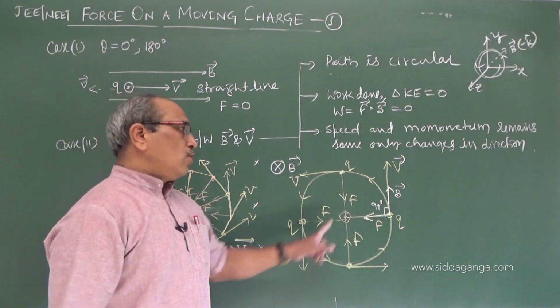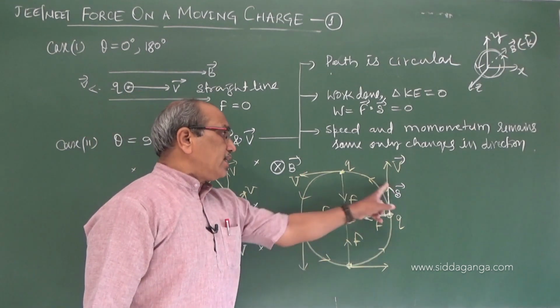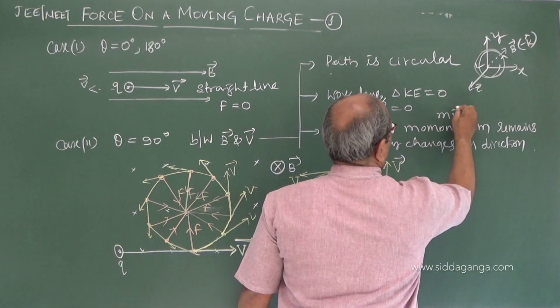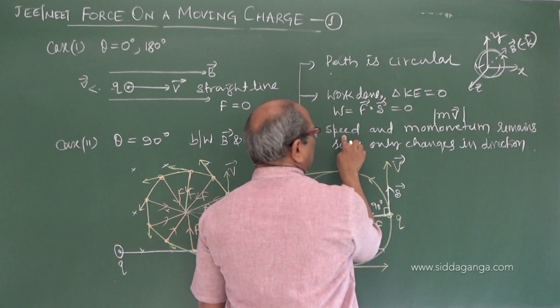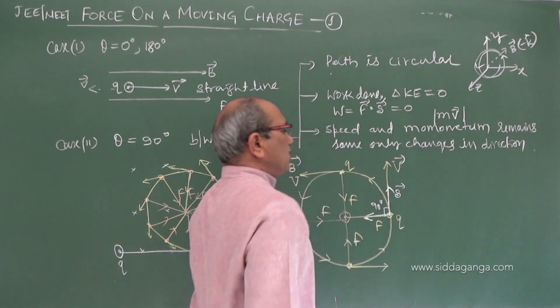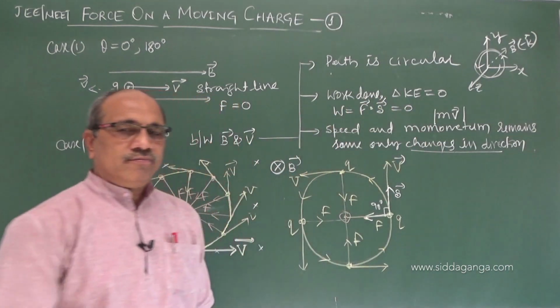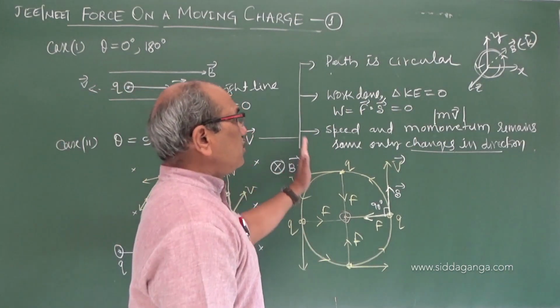You also know velocity is a vector, only the direction changes. M into V is the momentum. So the magnitude of momentum and speed remains the same, but we are seeing continuous changes in direction. That is what we observed in this.